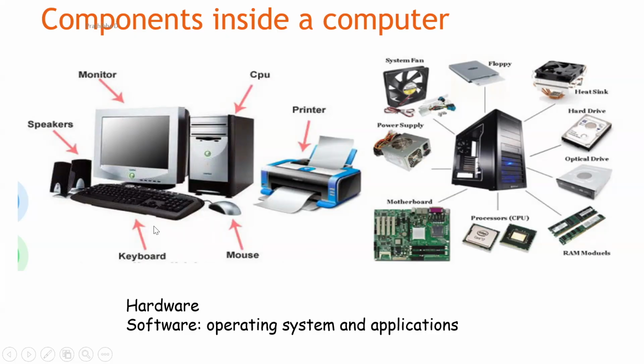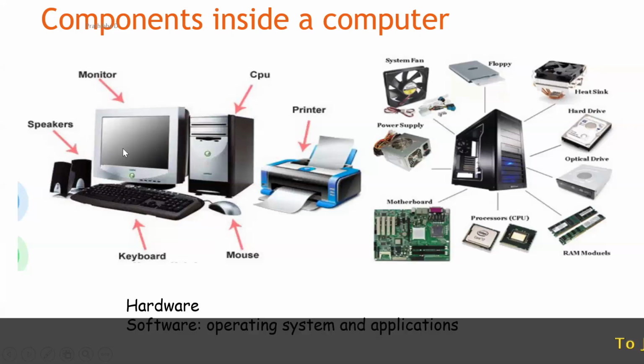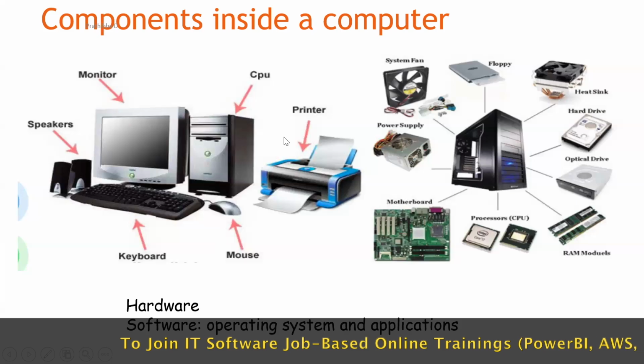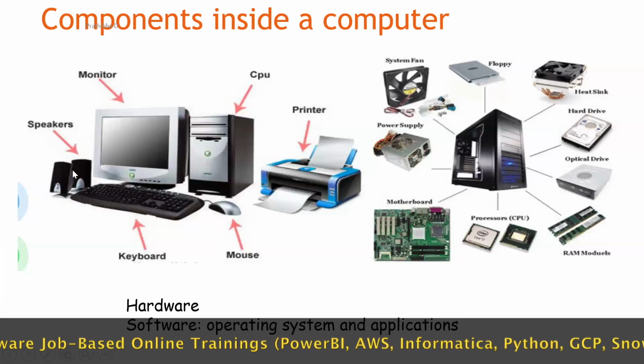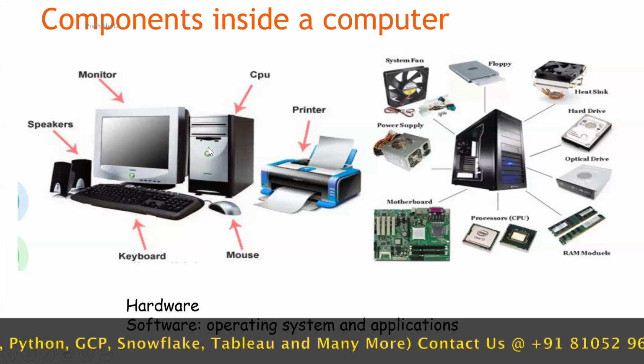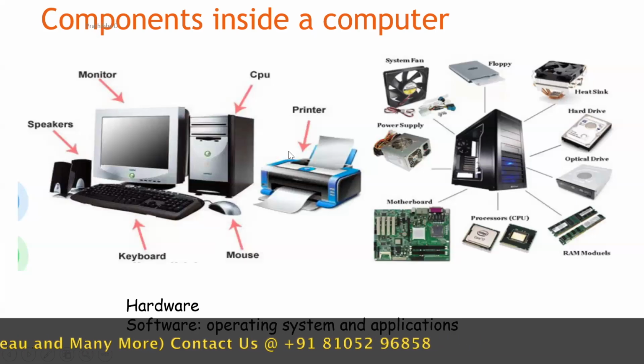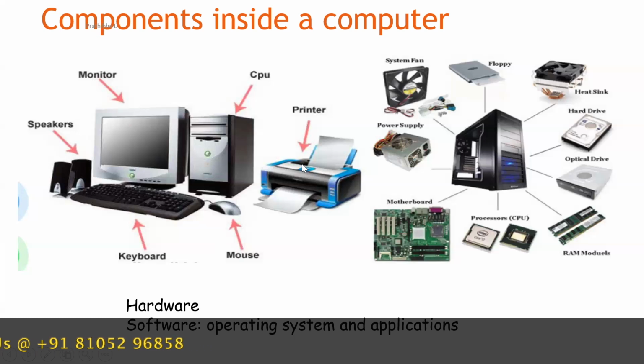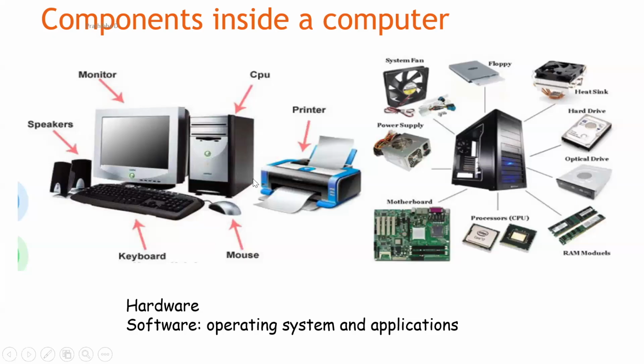Yes, keyboard, mouse, microphone, all these are input devices. So what are the output devices? Monitor, speaker, yes. CPU too, actually. Well, the printer will come under output devices. CPU, you can say, comes under processing. So we have input, process and output. Okay. So this is what you're seeing in your physical computer.